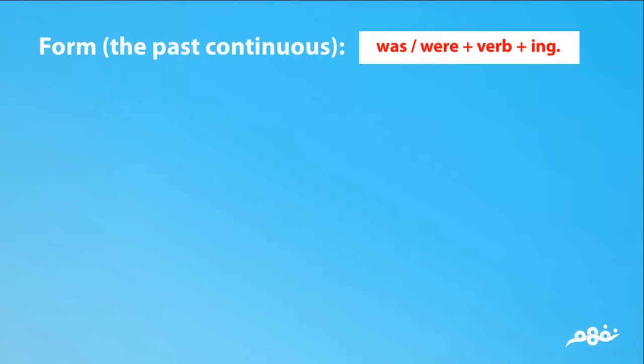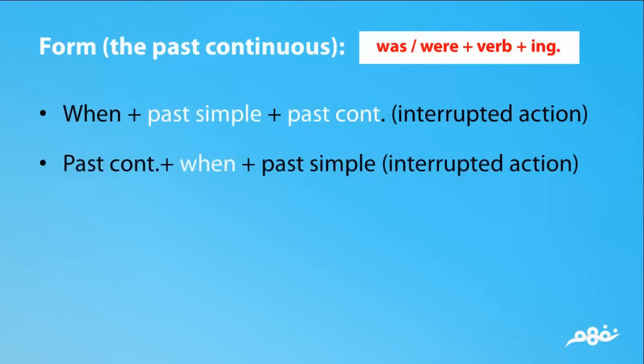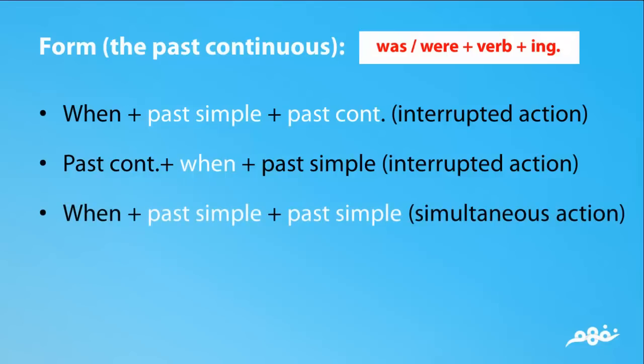And for when, it is followed by past simple, past continuous, or past continuous, then we use when, then past simple, to express interrupted actions. And when plus past simple is used to express simultaneous actions. On equals when, but in this case, it must be followed by a noun or a verb plus ing.